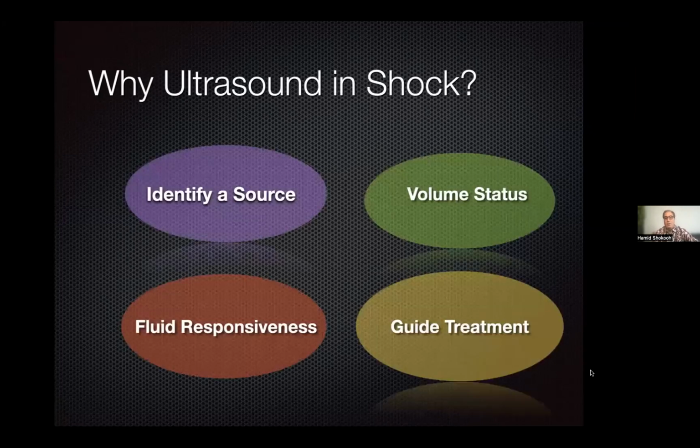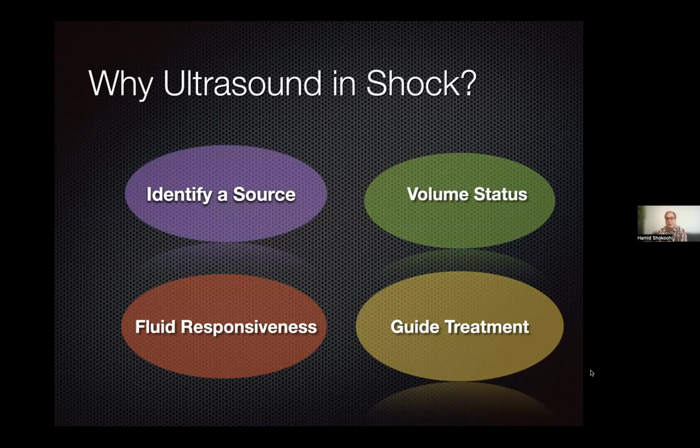So why are we using ultrasound? There are four different reasons. One of the main reasons is to identify the source and the pathophysiology of the shock. Does this patient have sepsis? Does the patient have cardiogenic shock?